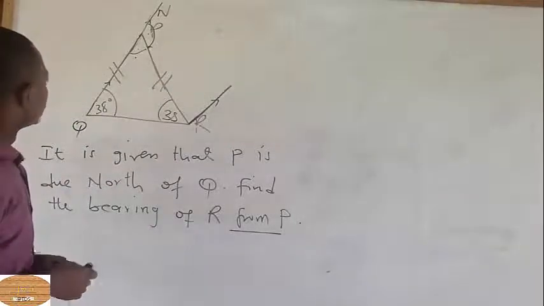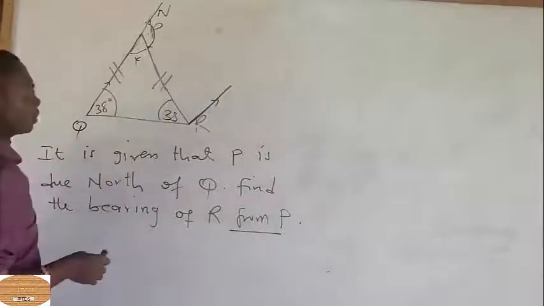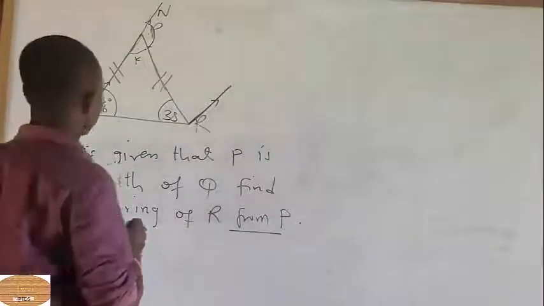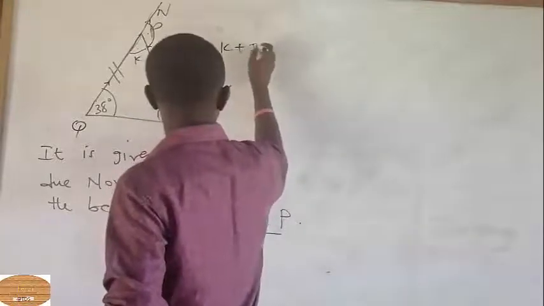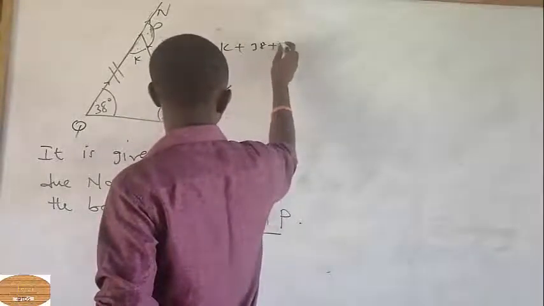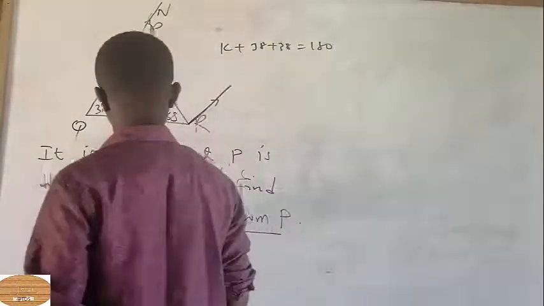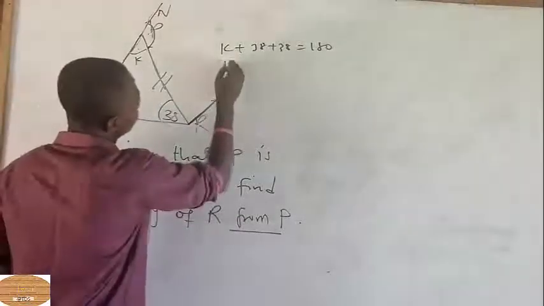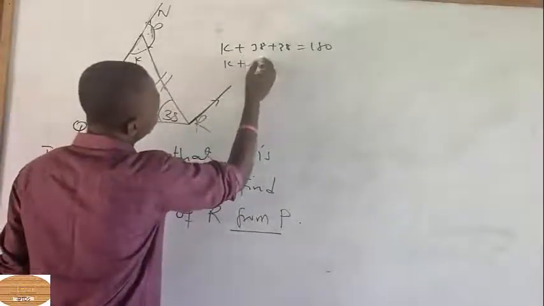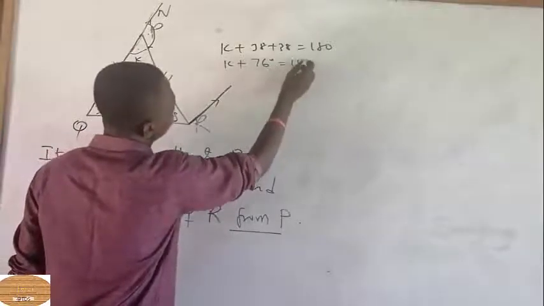So let's name this side K. So K plus 38 plus 38 give 180 degrees. So K plus 76 degrees gives 180.